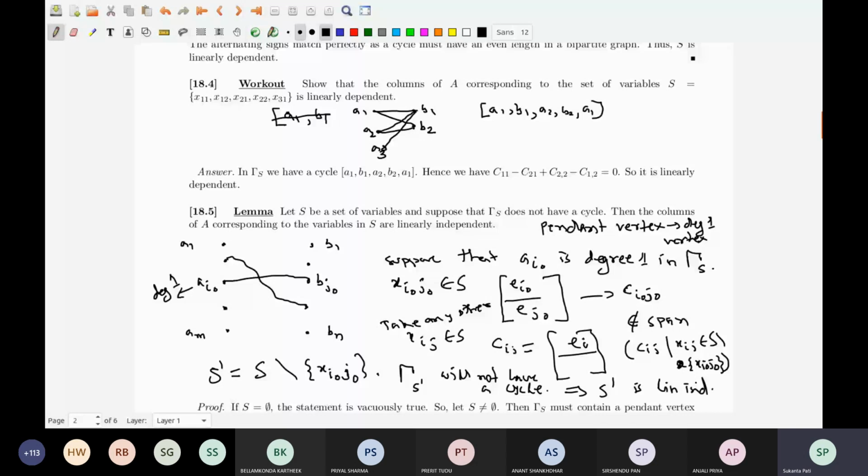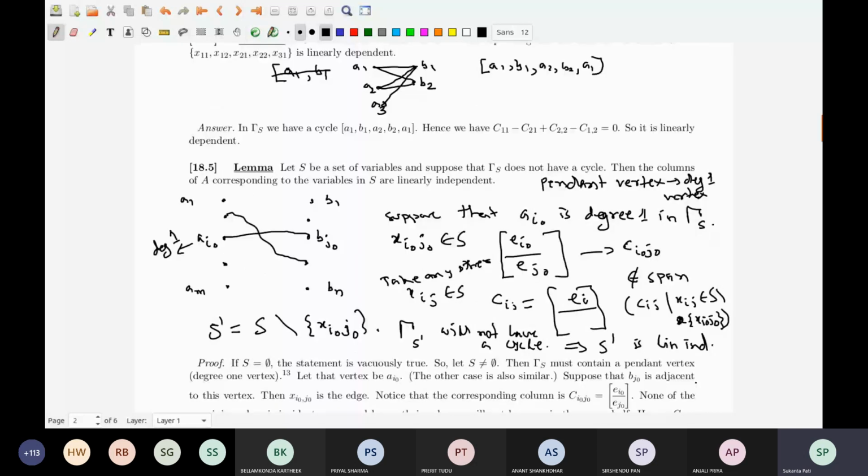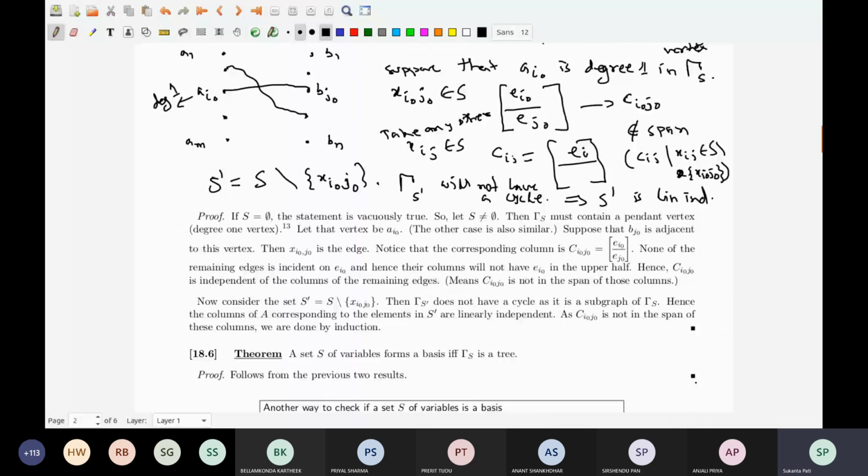So what do you get from this? A set S of variables forms a basis if and only if gamma S is a tree. Wait a minute. I said gamma S contains a cycle means linearly dependent. Gamma S does not contain a cycle means linearly independent.